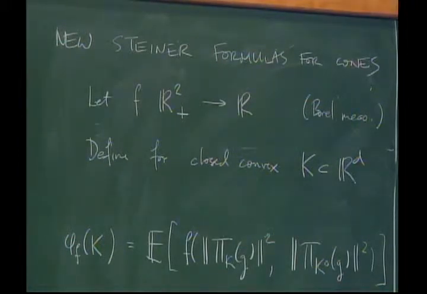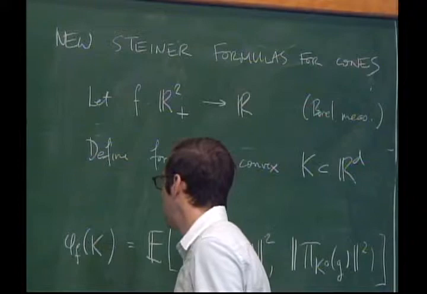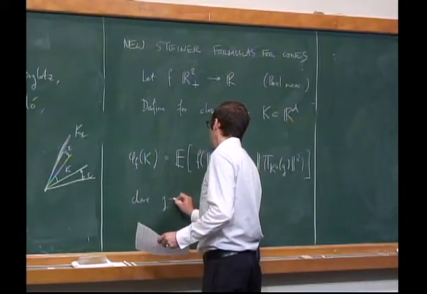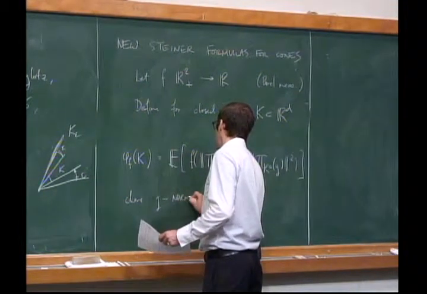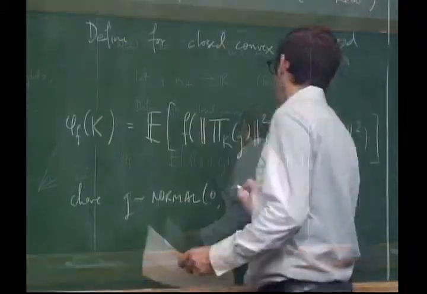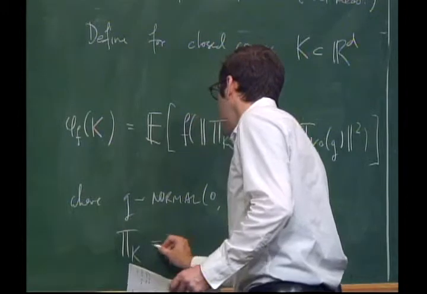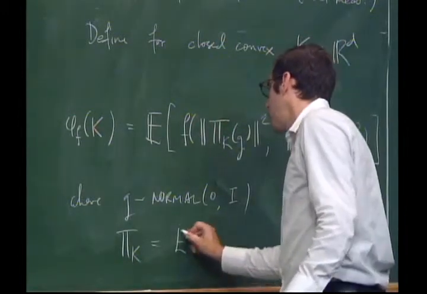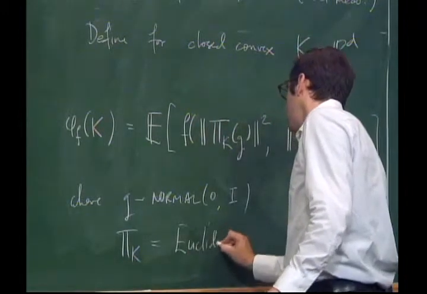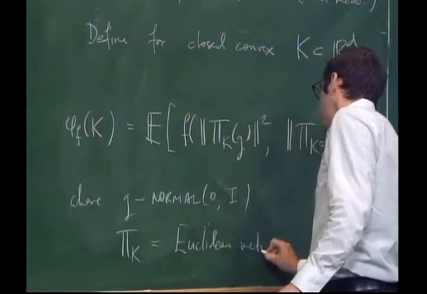So I'm using the same notation as before. So G is normal with mean 0 and identity covariance, and pi K is the Euclidean metric projector, just as in the last lecture.